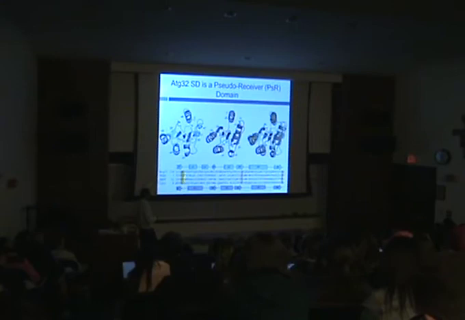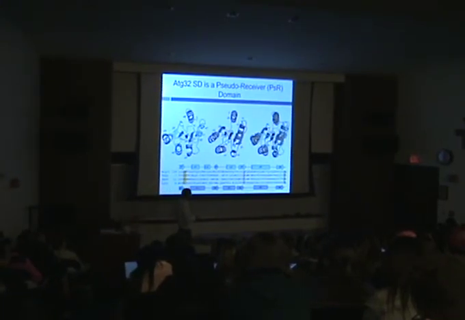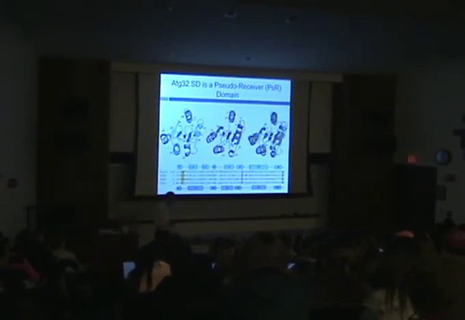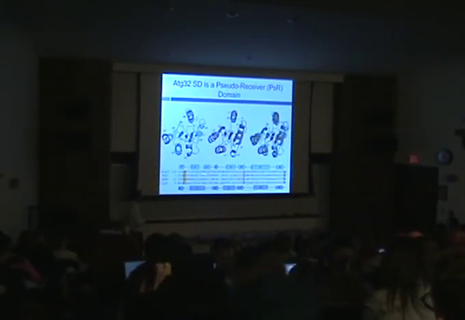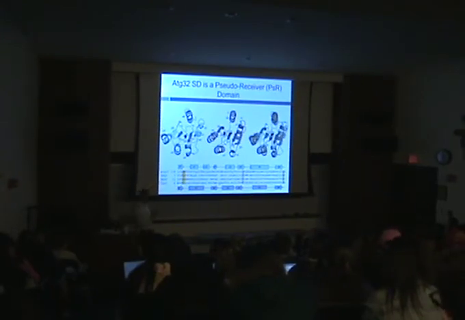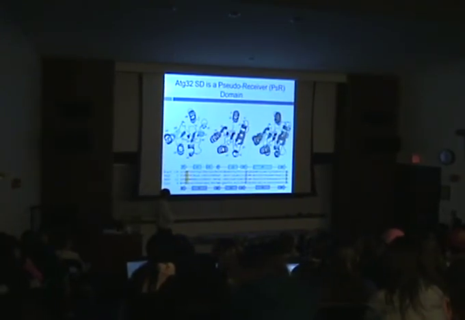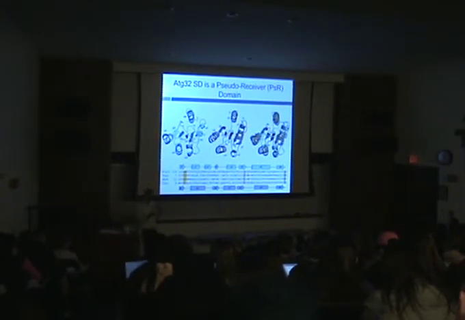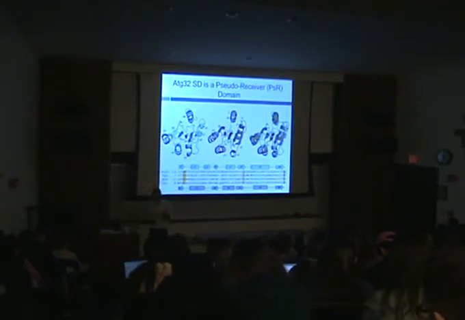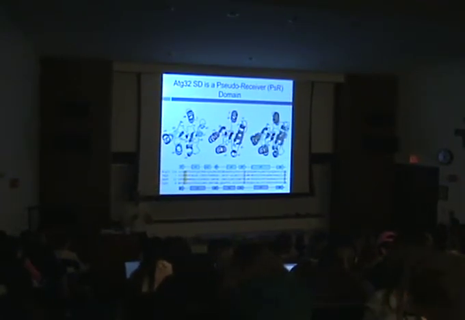Those residues are these aspartic acids, this aspartic acid, and this serine. Well, these down here are classical, what are called receiver domains, which are most similar to this, and this is our protein. We don't have any of them. Okay? So this is this idea of what's similar and what's different. So we have no ability to act as a timer, but we seem to maybe be doing something similar.